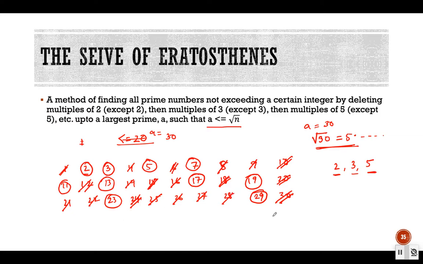You can consider any number this way. If you want to determine all the prime numbers up to 100, you can use the same algorithm to find all of them.